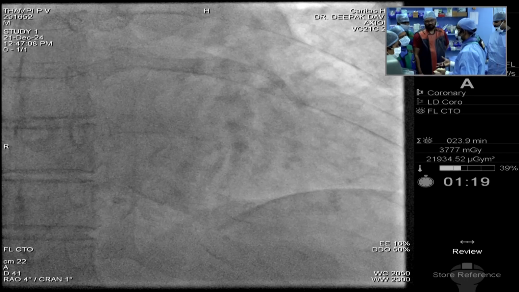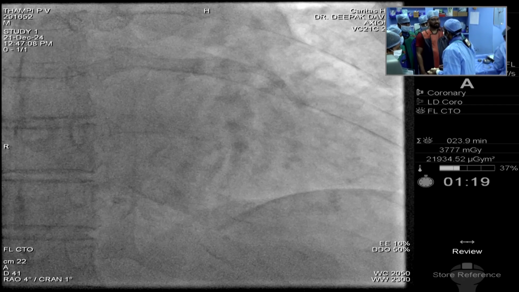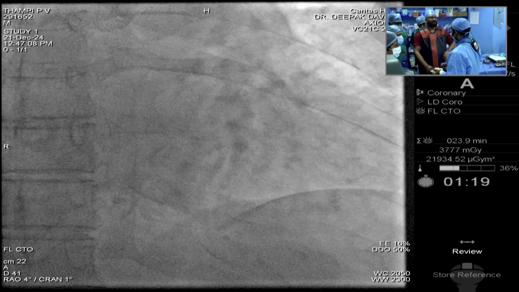Yes, in most situations semi-compliant would be preferable. But just 1 or 2 struts into the left main, we would prefer to have it. Then again, you cannot further dilate it with a 4 millimeter balloon over there. Always safer, always safer.